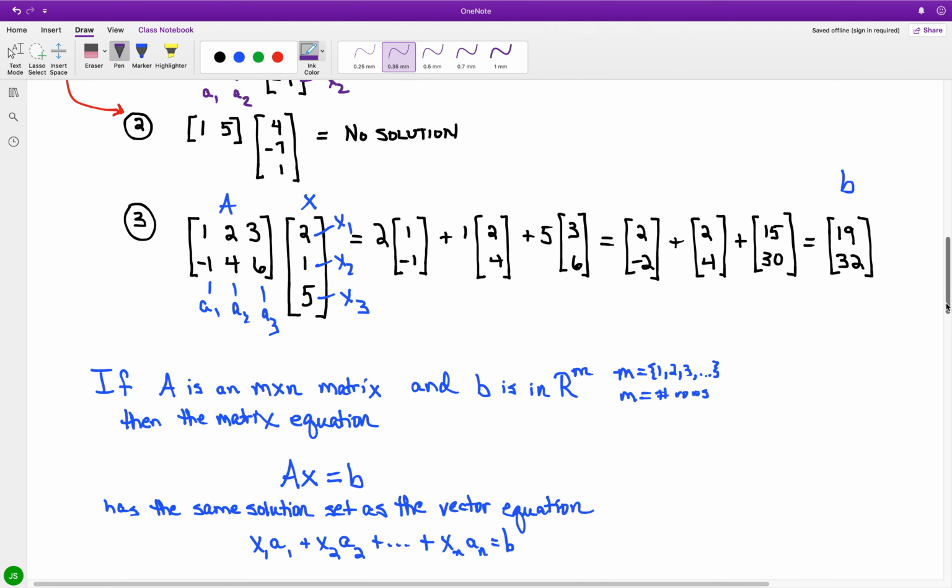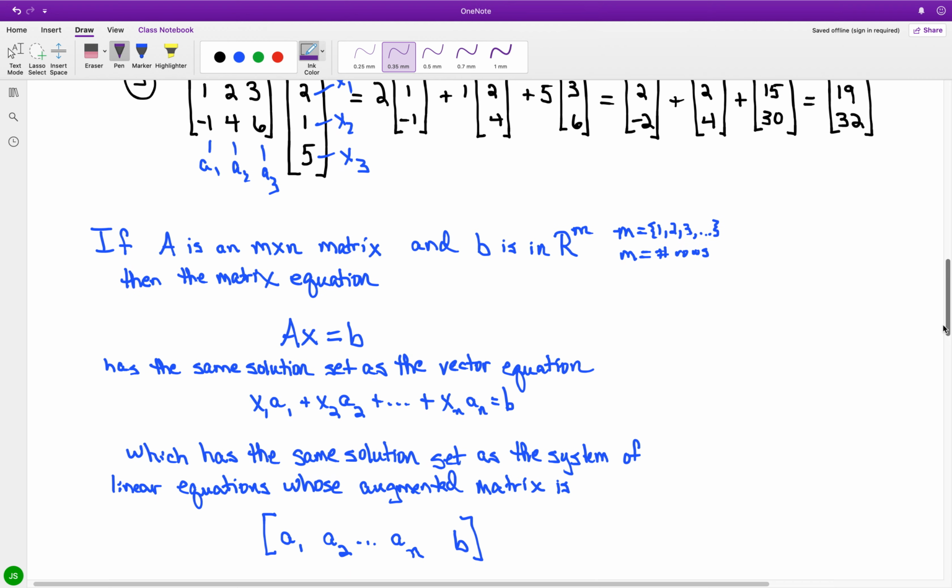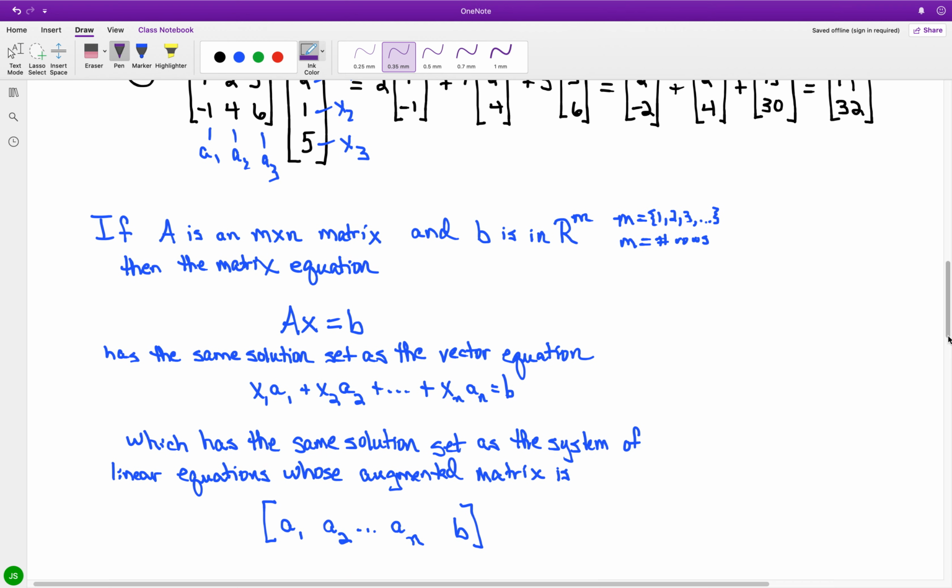Now, for some of the further details, there's going to be a frequent intertwining between the matrix and the vector equations. If A is an m by n matrix, and b is in R^m, where m will be the number of rows, and m is, just like n, a positive integer or natural number.